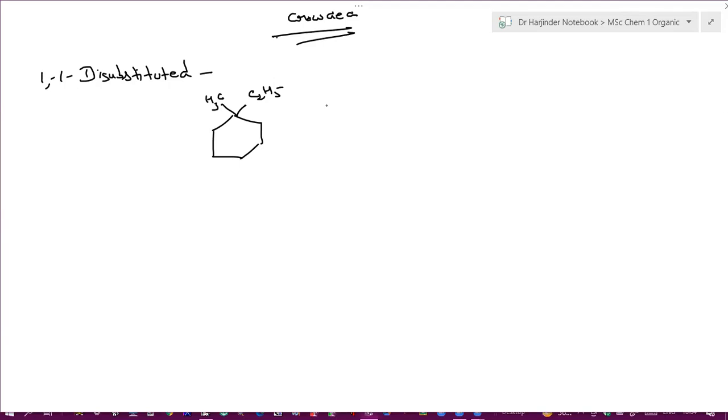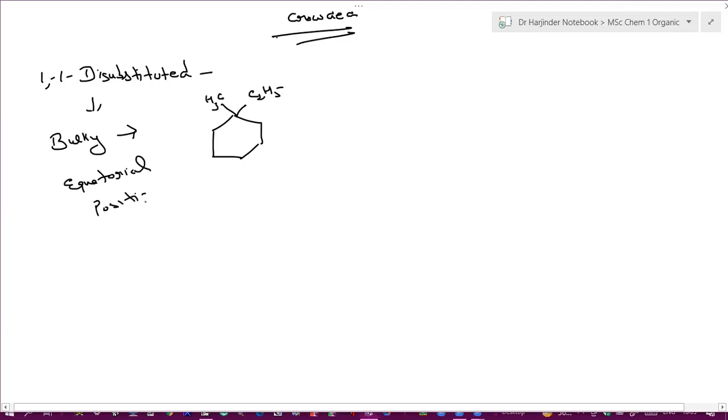In the case of 1,1 disubstituted, the bulky group will move to the equatorial position. So here the most stable conformation will be this one, in which your bulky group is present over the equatorial position.